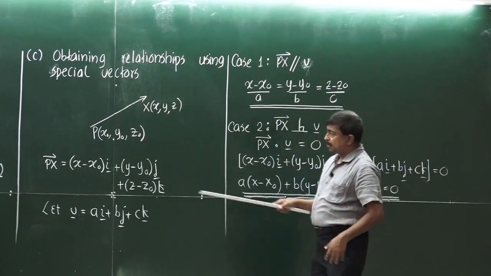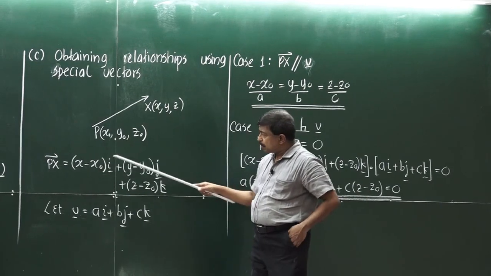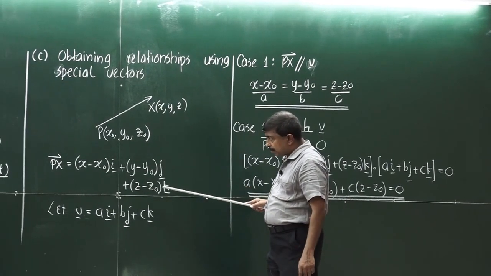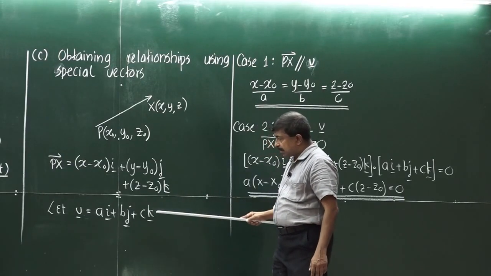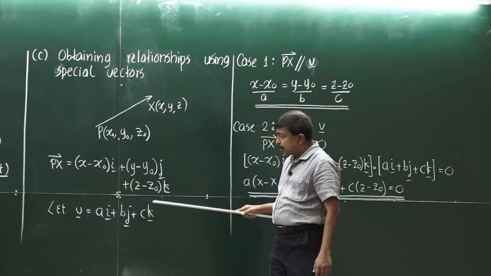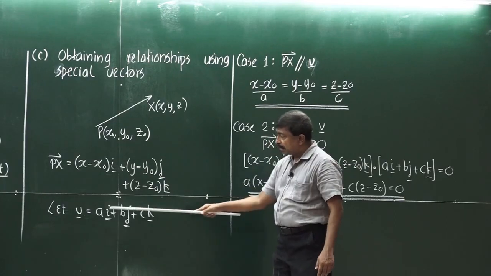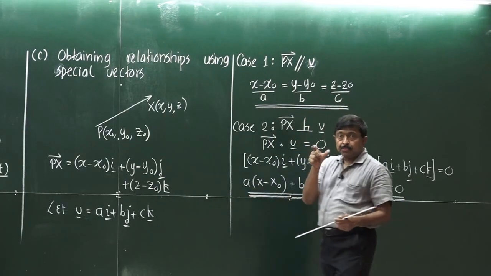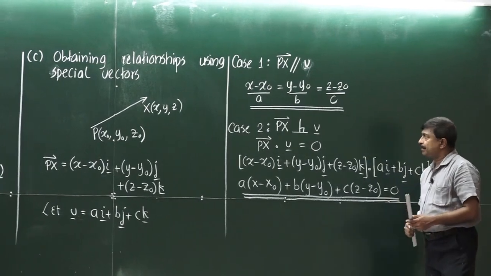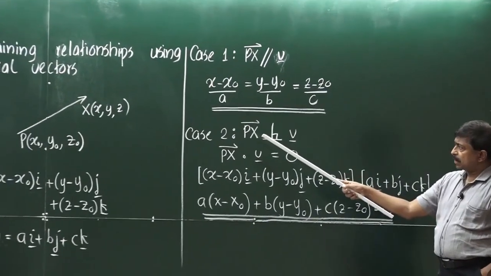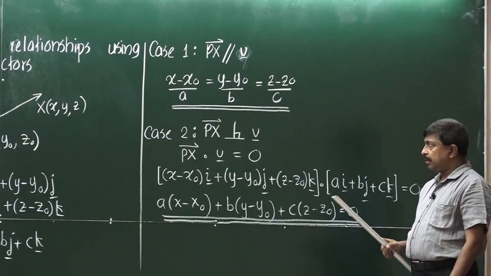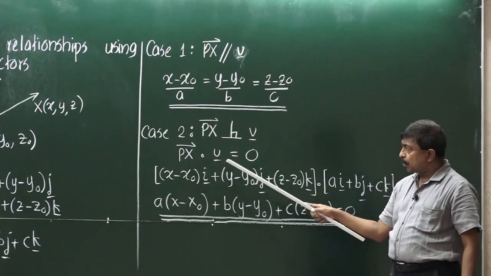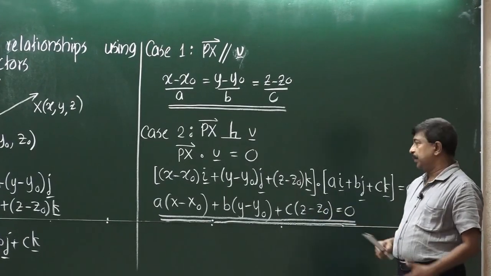For example, if PX is 2i plus 2j plus 4k, it is parallel to i plus j plus 2k. Here 2, 2, 4, here 1, 1, 2, like that. They should maintain the same ratios. When the vector PX is normal or perpendicular to V, you can always take their dot product equal to 0.